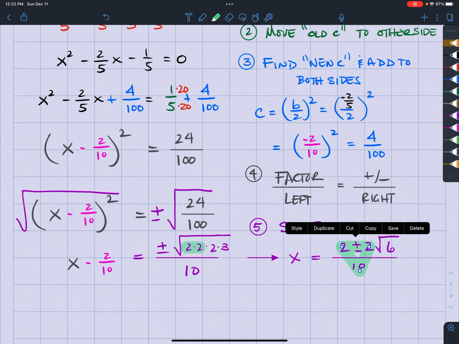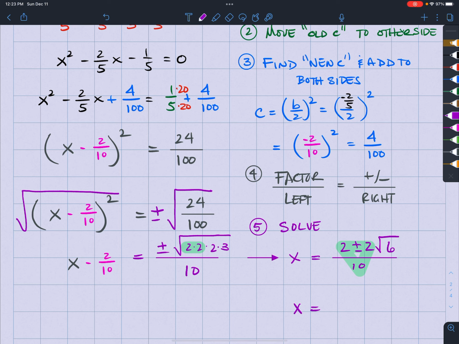And since something does go into it, now I can reduce this. 2 goes into 2 once. 2 goes into 2 once. 2 goes into 10 5 times. So here is my answer.